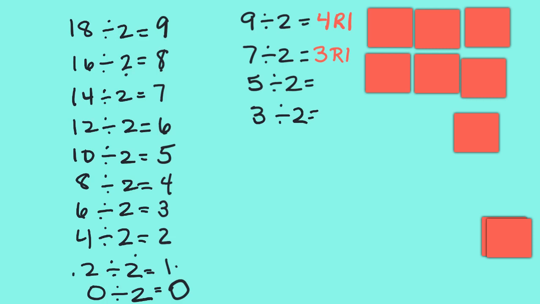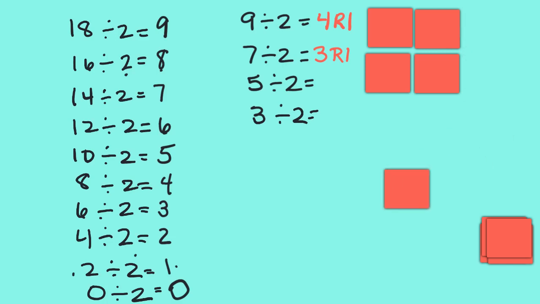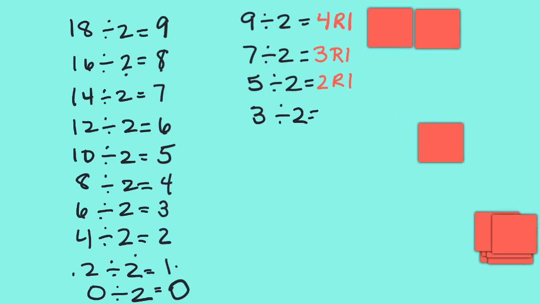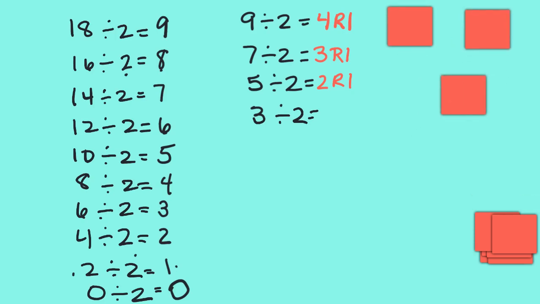Okay, and if we were going to do this again with 5, and we wanted to divide 5 by 2, the answer would be 2, remainder 1. And again with 3, we can divide that into groups of 1, remainder 1.